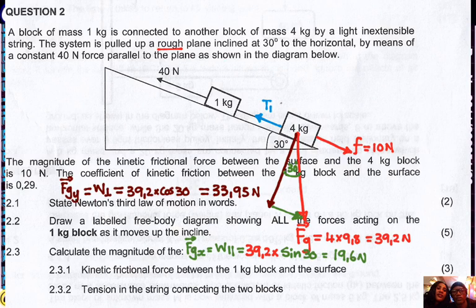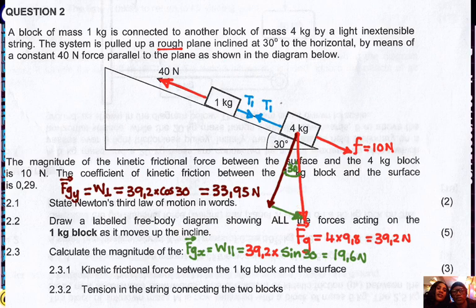All right, now we focus on the 1 kg. On the 1 kg, there is this force pointing upwards of 40 Newton, and then there is a tension pointing downwards, which is still T1 because it is the same string, and we're going to do exactly the same thing we did here.